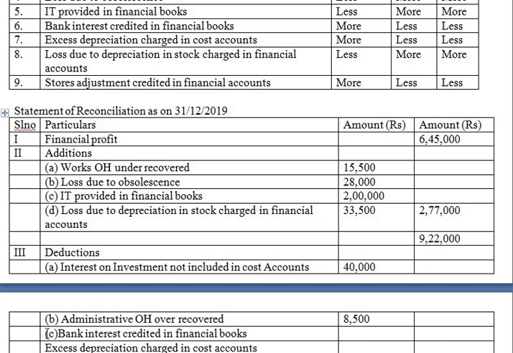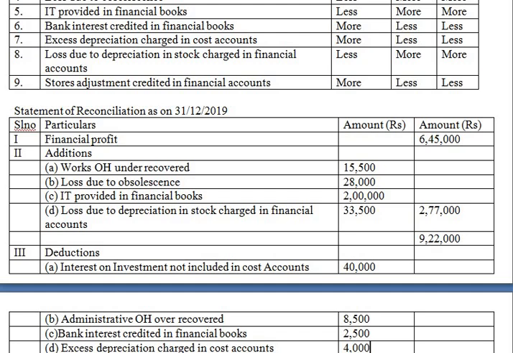So bank interest credited in financial books, amount is 2,500. Excess depreciation charged in cost accounts, amount is 4,000.